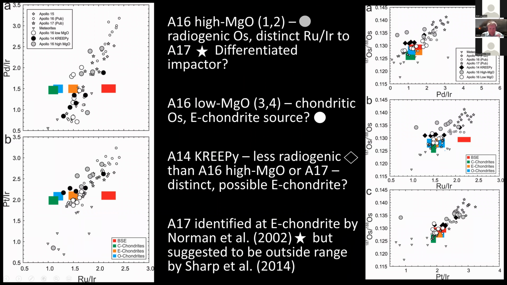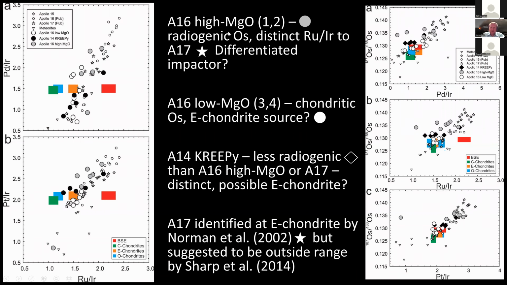There's significant osmium isotopic variability between these different types. You can see that the KREEP-rich Apollo 14 rocks that I've analyzed lie somewhere in between. And you can play different games depending on the type of impactor composition. You can tie these in to say that they have certain impactor types.